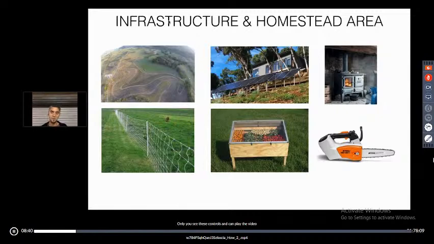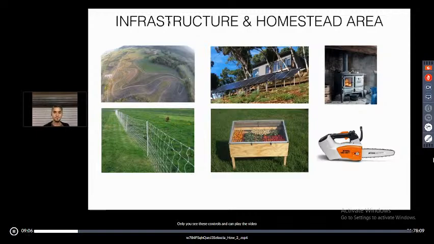But for the homestead area, zone 1 and zone 2, I'll also be talking about how we can prepare and create an energy efficient homestead. And we'll be referencing all these kinds of tools and technologies as well, because I think that's also part of the infrastructure.